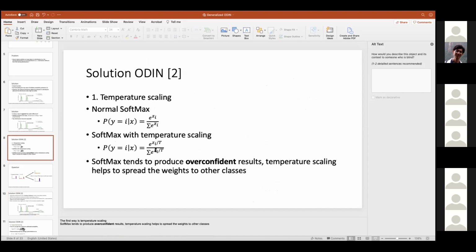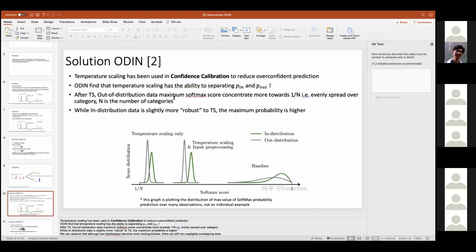I think it's just as Dr. Lin has explained. When T goes really large, this ratio will become 1 over n. No, I mean in the Odin paper, do they have a mathematical proof, or do they just run experiments and show this result? I think they have a mathematical proof to interpret this separation.